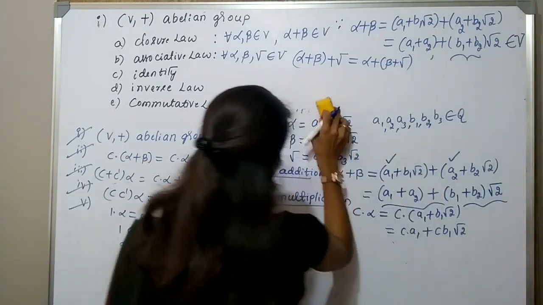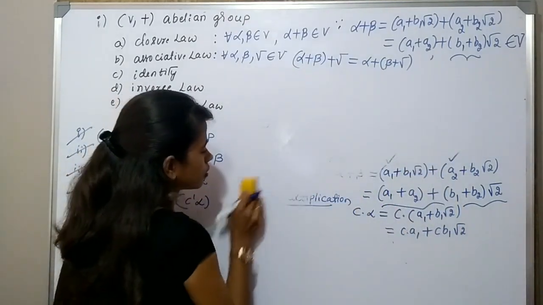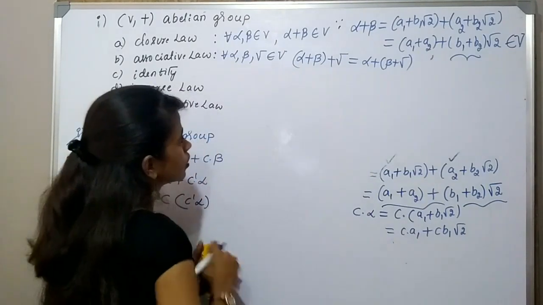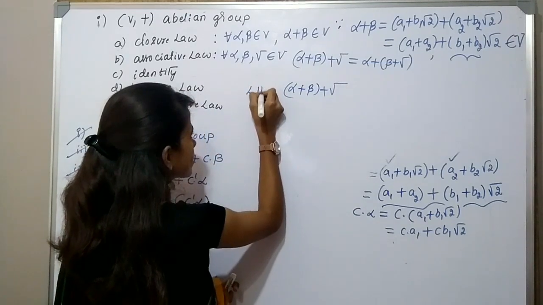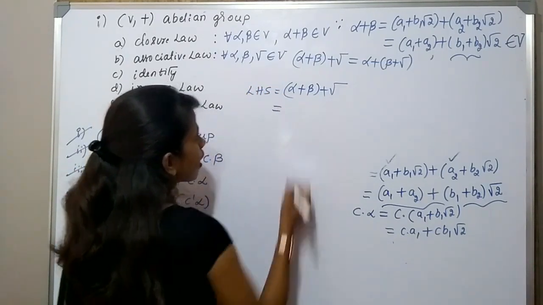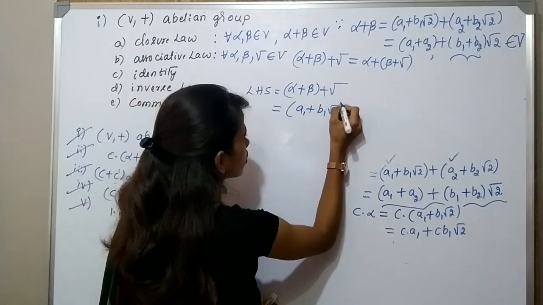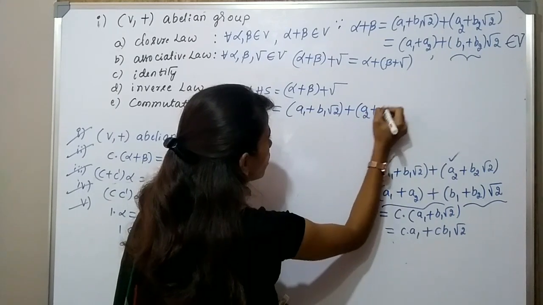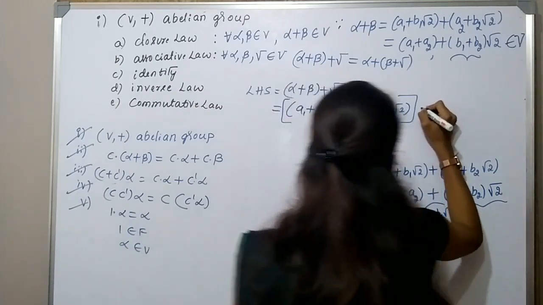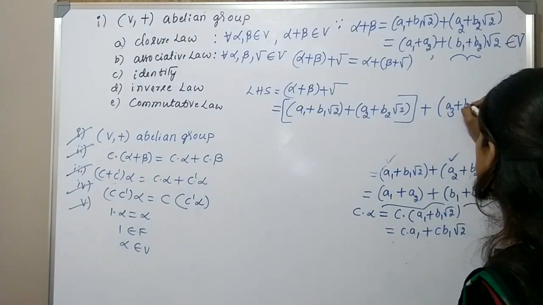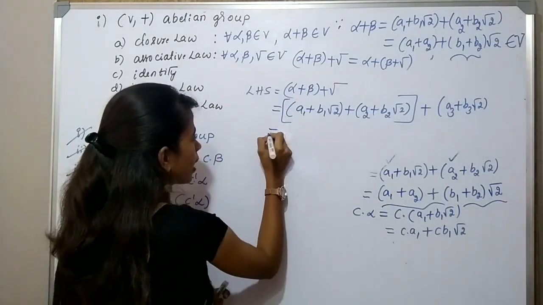So I am taking LHS first. Alpha is A1 plus B1 root 2, plus beta is A2 plus B2 root 2, take within one bracket, plus gamma is A3 plus B3 root 2. First simplify the elements within the bracket.